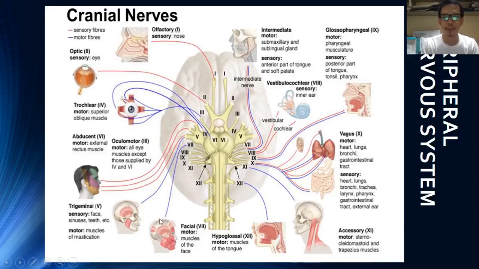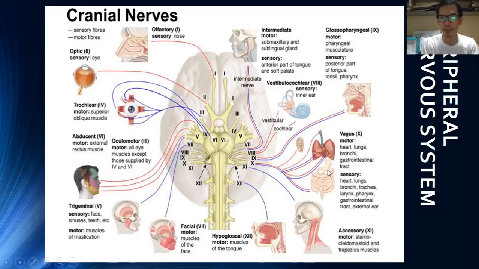We also have the facial nerves that are connected to the muscles in the face that perform facial expressions. Next, there's another one that controls the muscles in the tongue. Actually, there are a lot of nerves, and these nerves that we have right here are connected to the organs in the head.